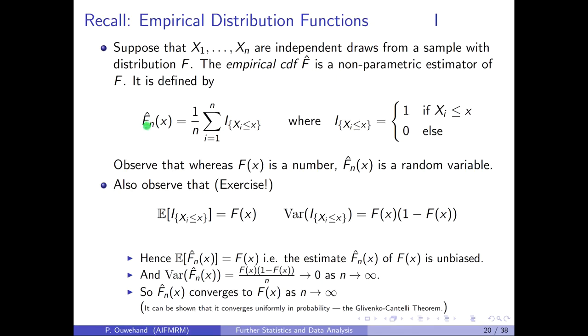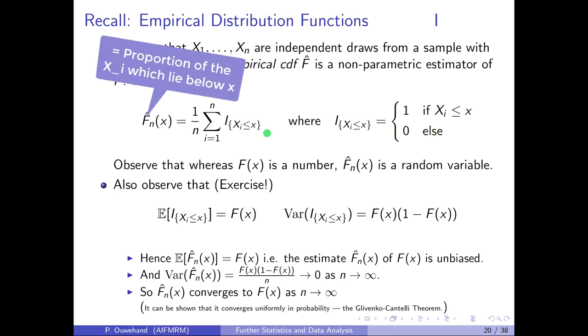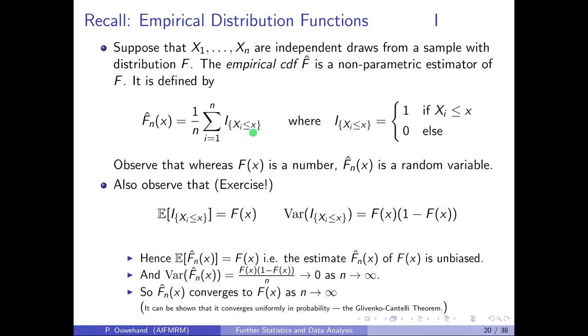The subscript n indicates that we're dealing with a sample of n points, and the ECDF evaluated at the point x is simply the average of all of these indicator functions. That means that it's equal to the proportion of sample points which lie below the value little x.